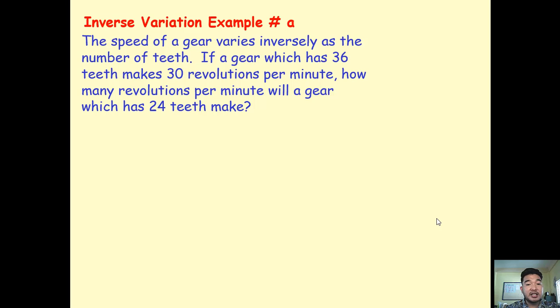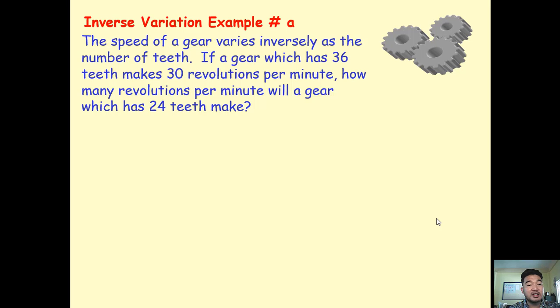The speed of a gear varies inversely as the number of teeth. If a gear which has 36 teeth makes 30 revolutions per minute, how many revolutions per minute will a gear which has 24 teeth make? So this is, ayan yung gear, ano? So sabi, the speed of a gear varies inversely as the number of teeth.